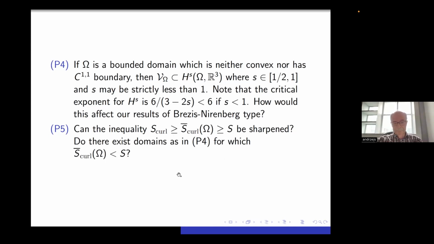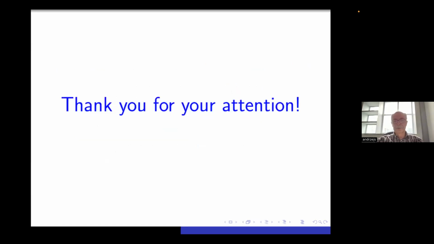And also, if one takes a domain like this, can one get S curl bar less than S? It's unclear, and in fact, I believe one cannot, and Mederski believes one can. So I leave this question open, and I think this is the end of my talk.